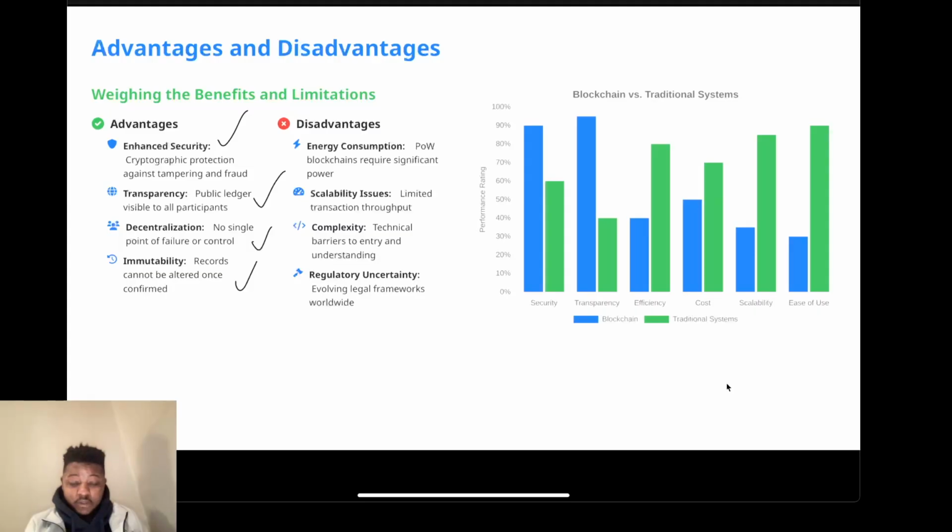Disadvantages, this is what we talk about: proof of work, which is currently being used in Bitcoin. In this case, it uses so much computing power to find the next hash or to mine the next block. So as we mine more and more blocks, the hash function for the next block becomes even harder to mine.